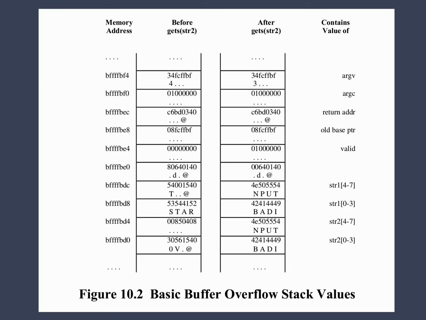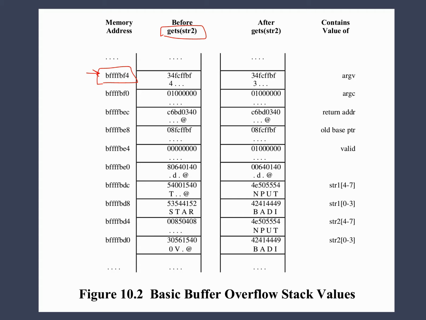So when we look at these basic buffer overflow stack values, the program data, first of all, is stored in adjacent memory locations. So these memory locations started from here, and before this gets here, this is the content of the memory location.